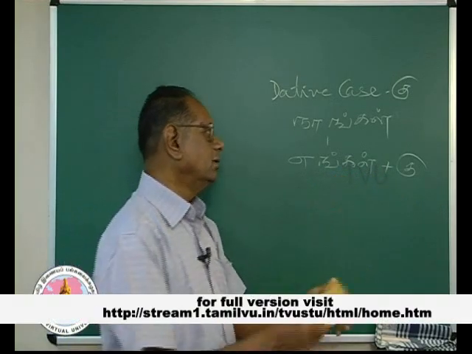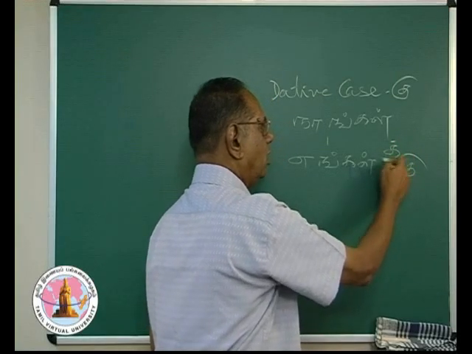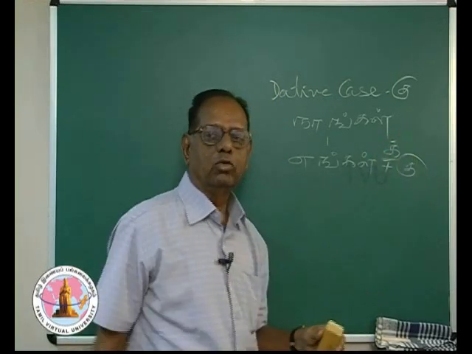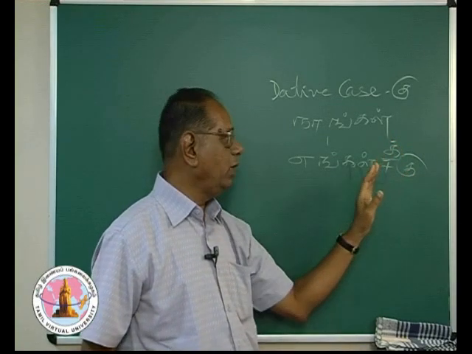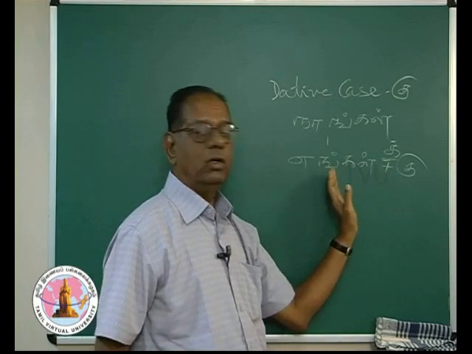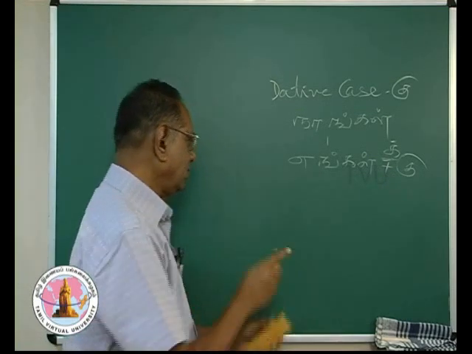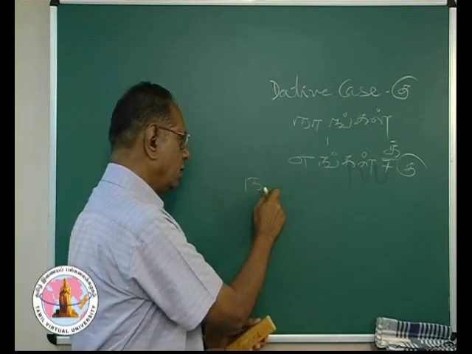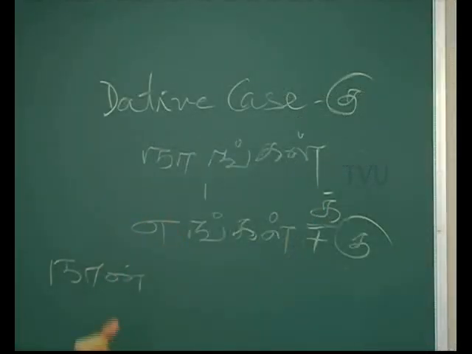Here, the same process is continued. The consonant of this ku is introduced. Now, we need a vowel to cement these two parts. In the case of non, what was the symbol or the vowel we used?